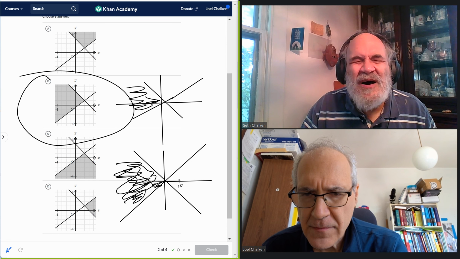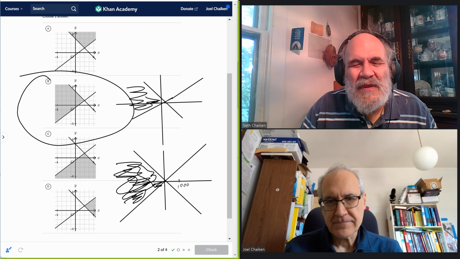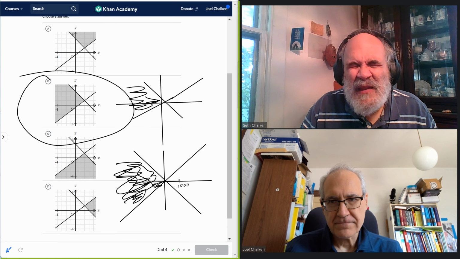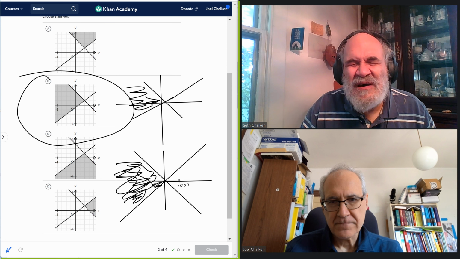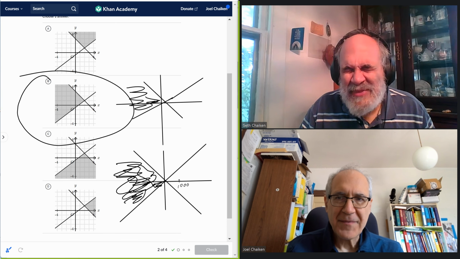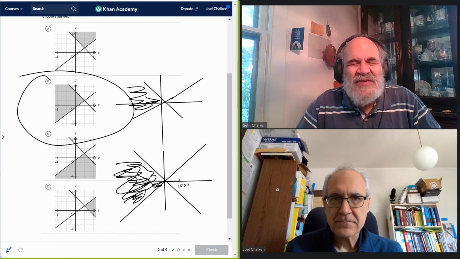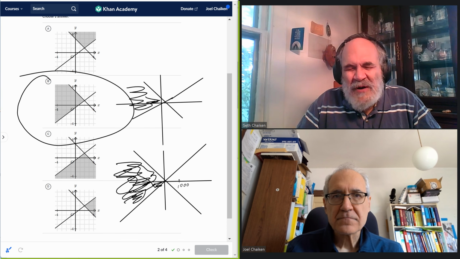And so you could analyze the given inequalities as if the constant terms were 0. That makes sense. You could ignore those constant terms, treat them as zero.